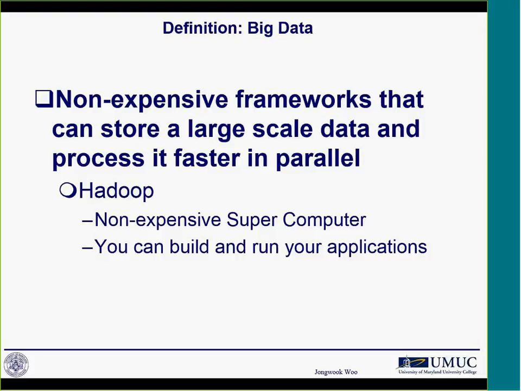But the traditional supercomputer is too expensive, whereas Hadoop is open source, and you can use your commodity servers as the Hadoop cluster. So any small company, any small lab or research center could build their own Hadoop cluster for parallel computing.